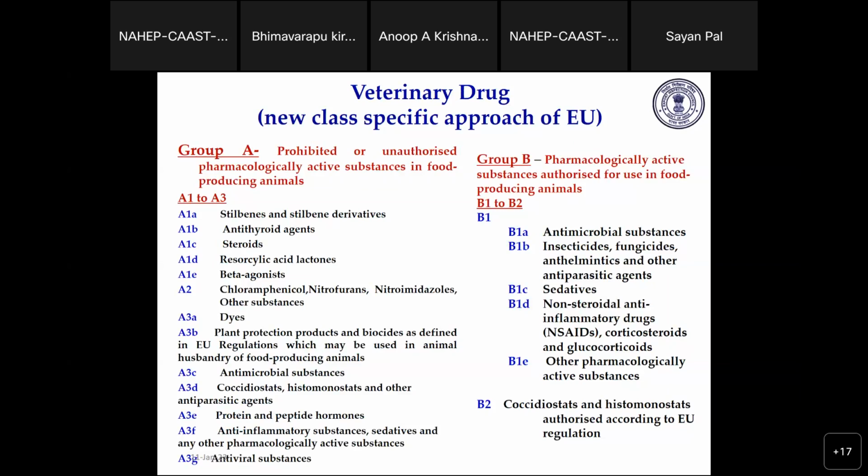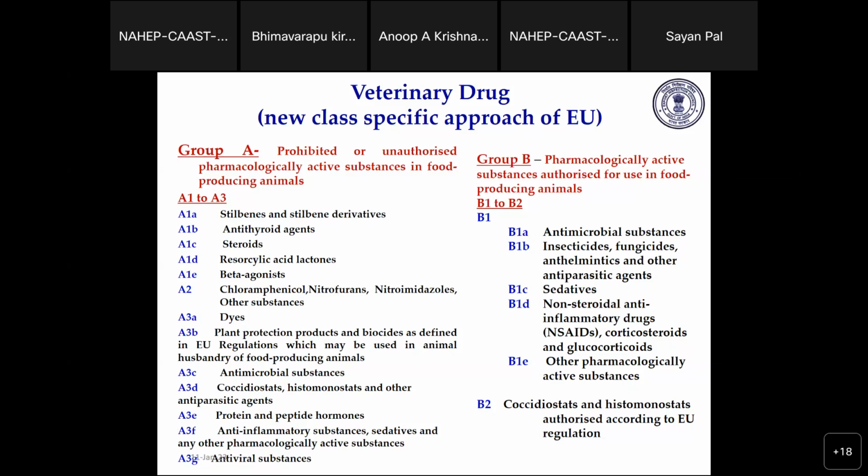Group B are pharmacologically active substances which are used or permitted. That means group B has limits or MRLs, where some toxicological study has been done, based on which limits have been prescribed in all animal origin products, whether it is meat, fish, milk, honey, or any other animal origin product.